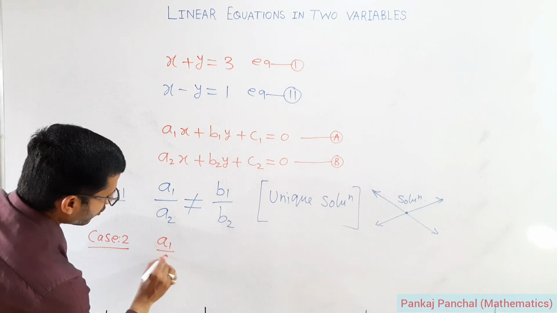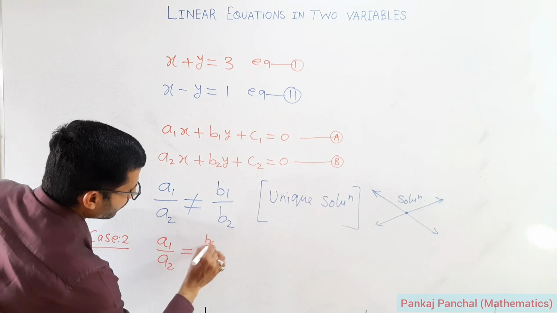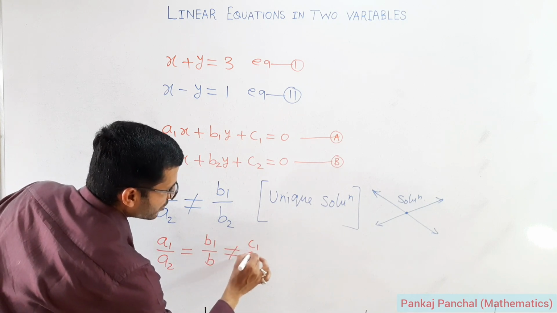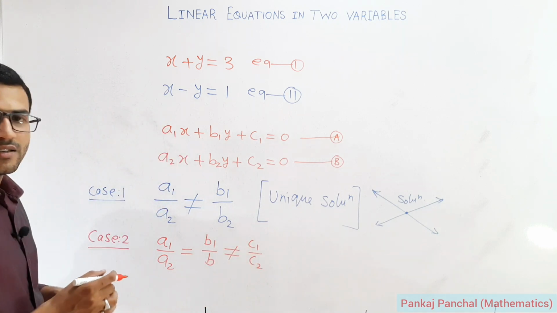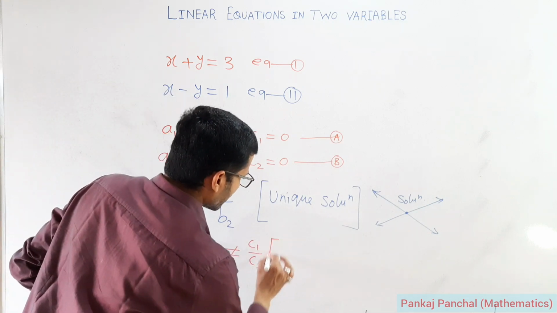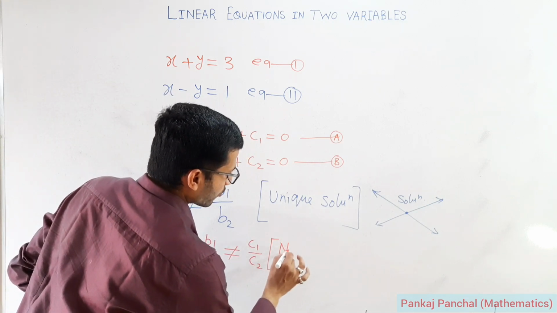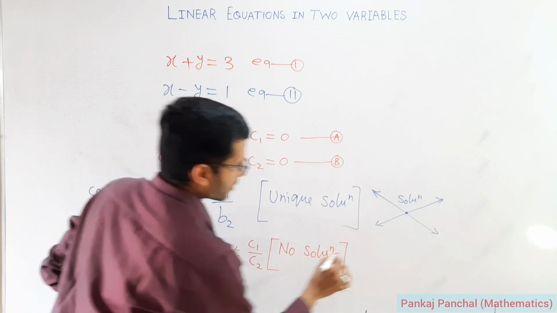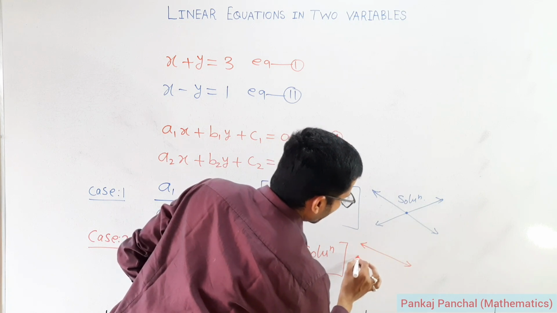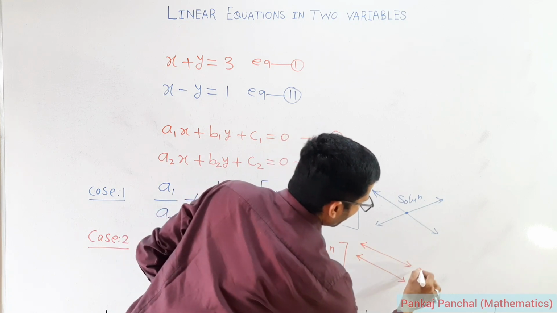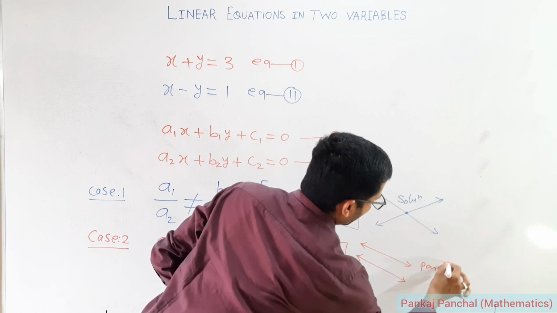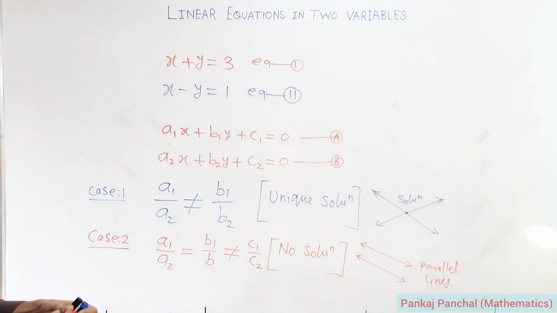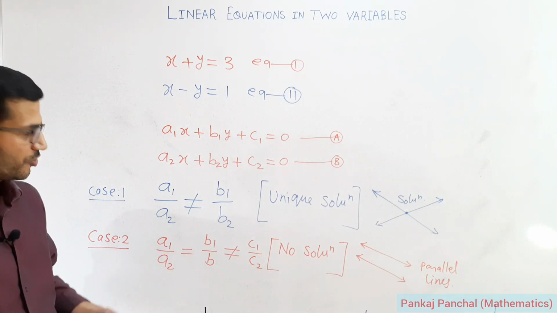If a1 upon a2 is equal to b1 upon b2 but not equal to c1 upon c2, then we get parallel lines, means we cannot get any solution, no solution, because when we plot them on a graph, we get parallel lines, so they cannot intersect each other.